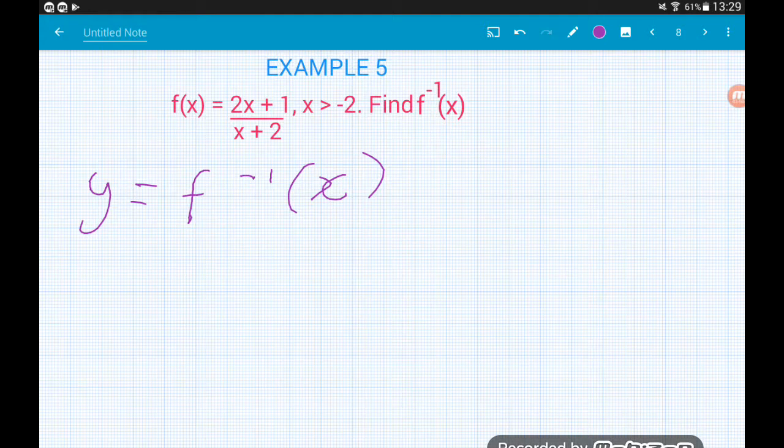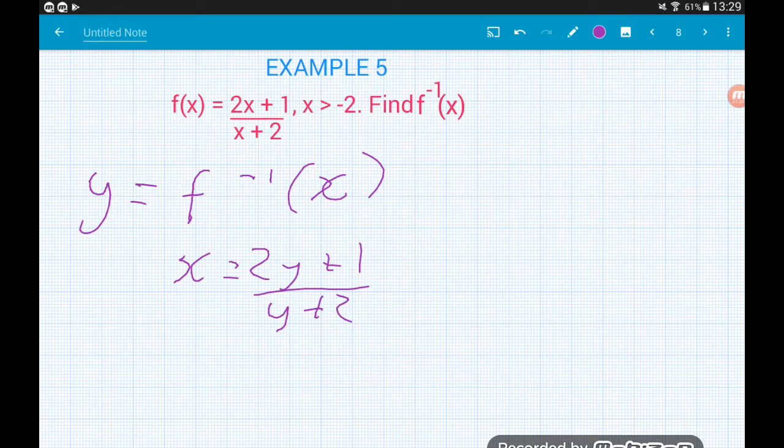Okay, so step 1, swap the function and x. So f of x becomes x. And then the x's on the right become the inverse function, which we have set to y. So x is equal to 2y plus 1 all over y plus 2.